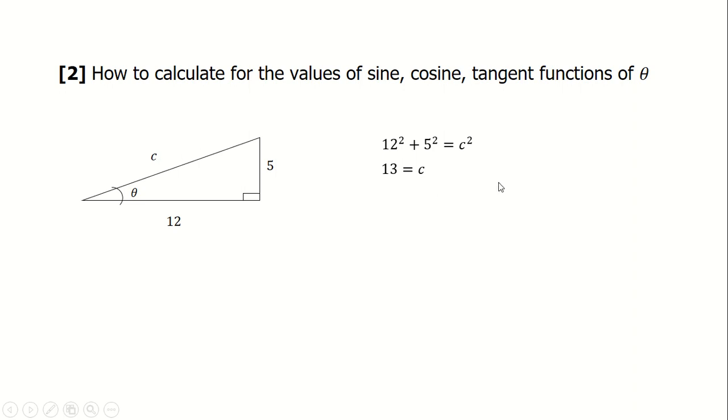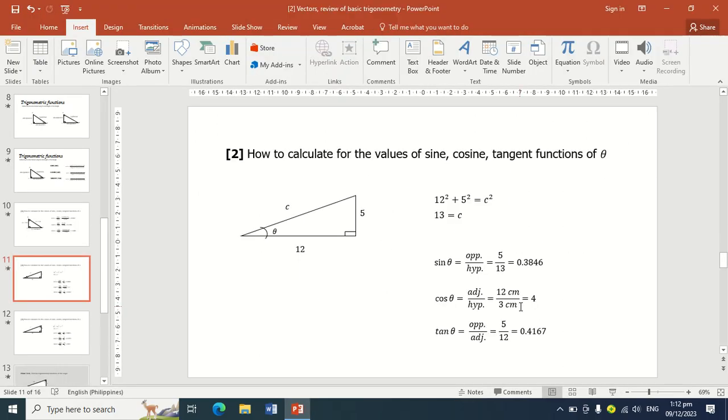Now we can solve for the functions. The sine function, opposite of this angle is 5. Hypotenuse is what we just solved, letter C, that's 13. This is the answer. Cosine is adjacent, 12. Oh, this should be 13 instead of 3. Let me just fix that.